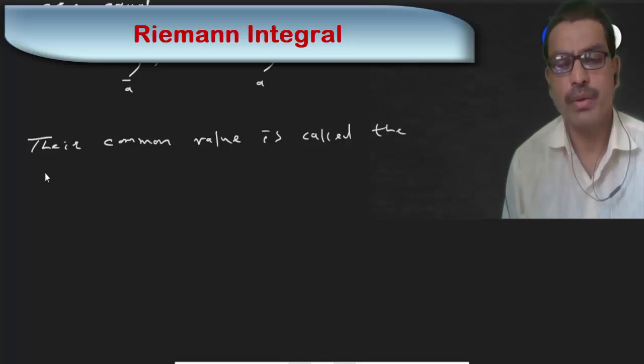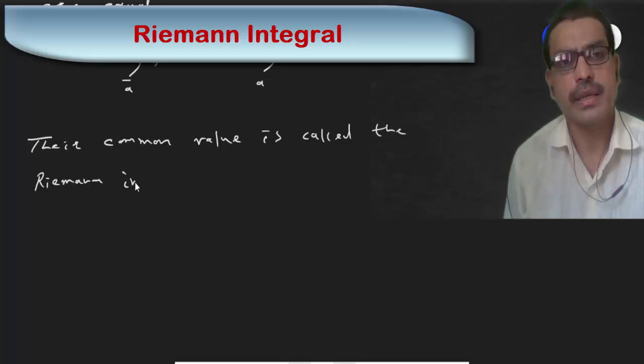Their common value is called the Riemann integral of a function f.